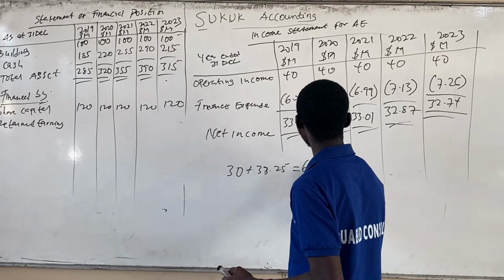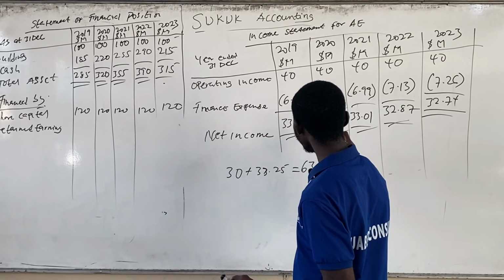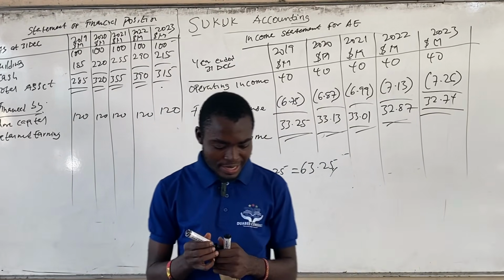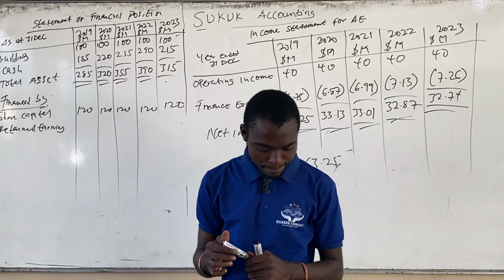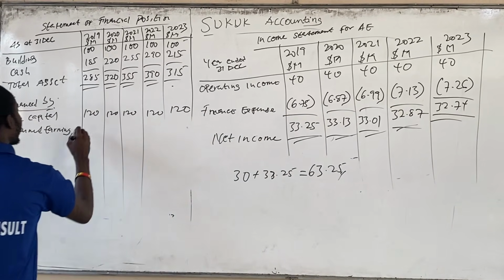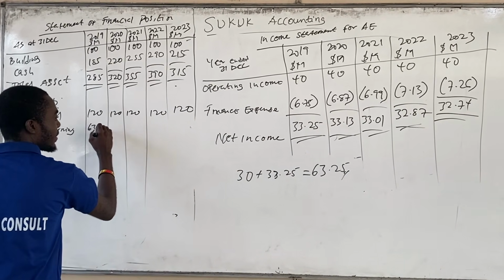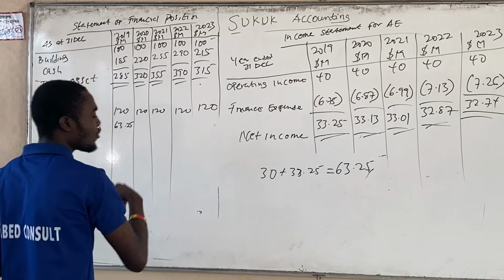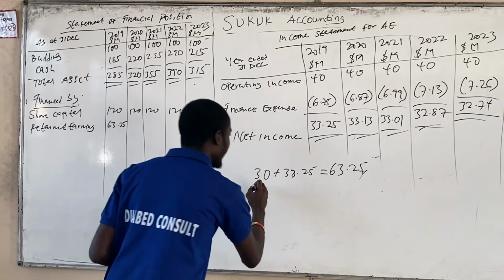That will give us 63.25. So that will be the retained earnings balance for the first year. And this 63.25 will serve as an open balance for the second year.